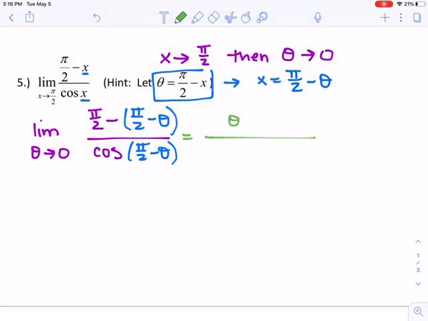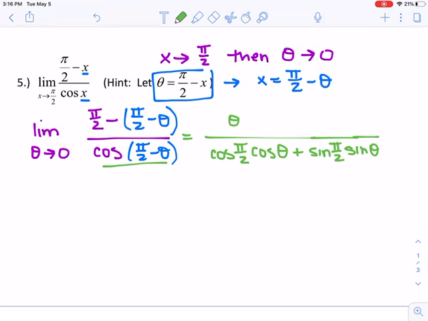over. In the denominator, I have the cosine of the difference of two angles. So using my sum and difference formula, I can extend this out as the cosine of the first, pi over 2, times the cosine of the second, theta. Cosine always has opposite sign, plus the sine of pi over 2 times the sine of theta.